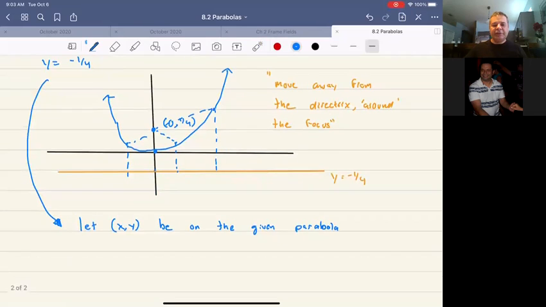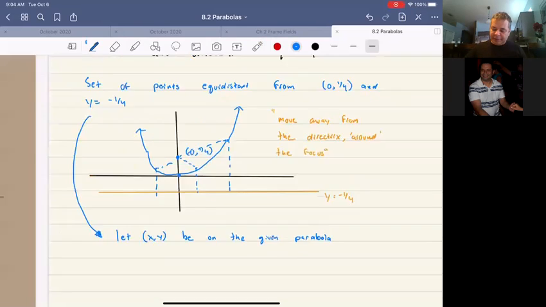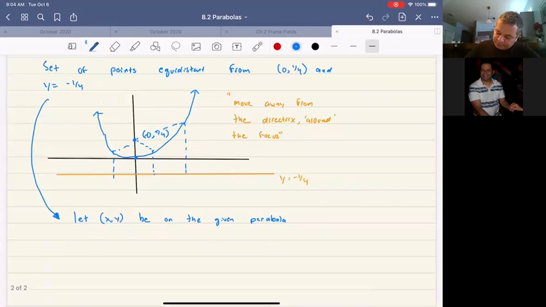Then that means (x minus 0) squared plus (y minus 1/4) squared should equal (y plus 1/4) squared.